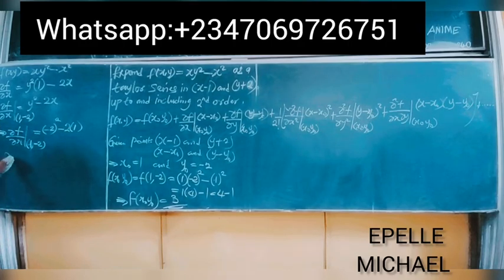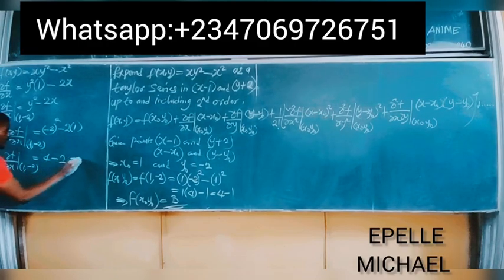So this becomes minus 2 squared, which is 4, minus 2 times 1, which is 2, so the value is actually 2. Keep this aside.